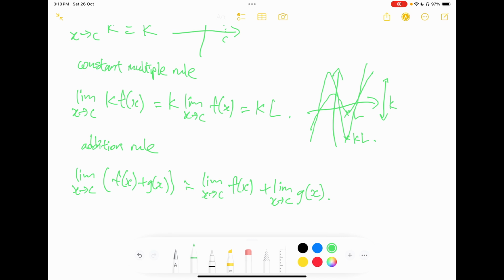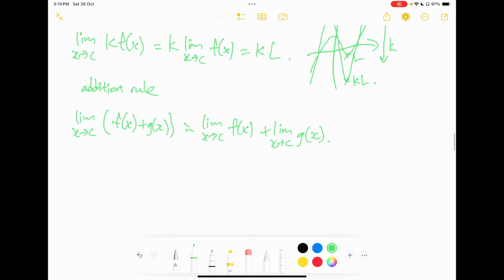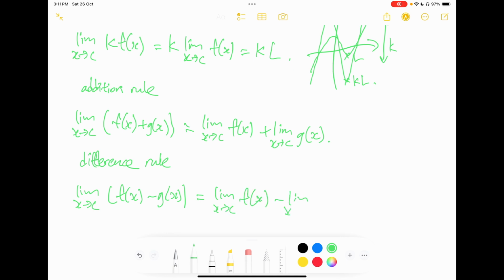It's kind of like adding two functions together, and then at a certain point, the limit of that sum would just be the sum of those two limits. The same goes for differences. And in fact, most of these rules are actually quite easy to follow.